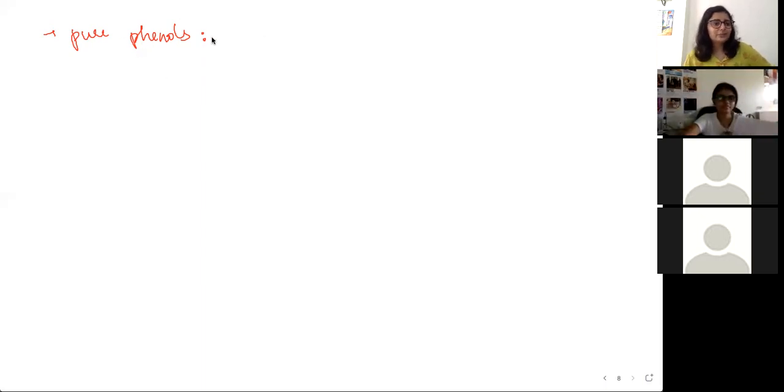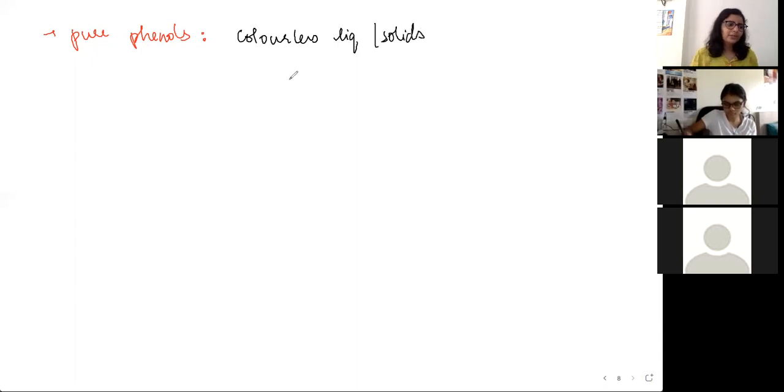Okay, now coming to pure phenols. If they are pure, they are colorless liquids or solids, depending on how heavy they are. But if they are not pure, they tend to turn brown due to atmospheric oxidation. So reddish brown, it says.